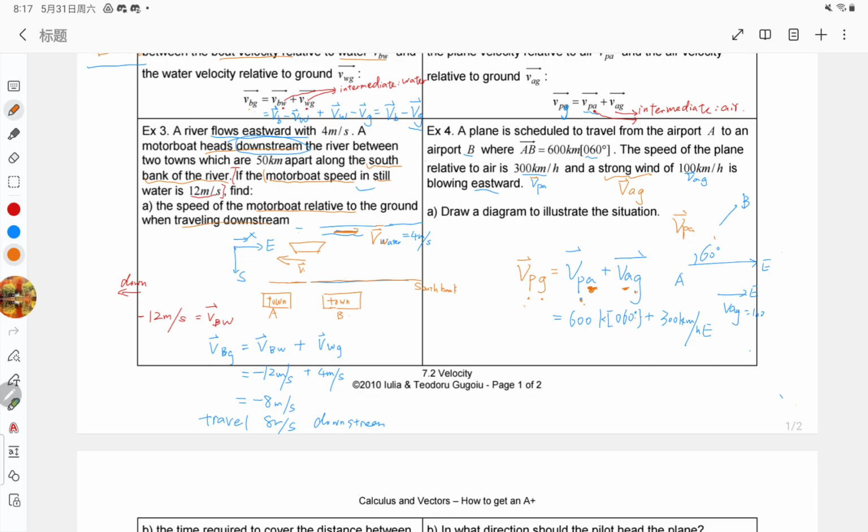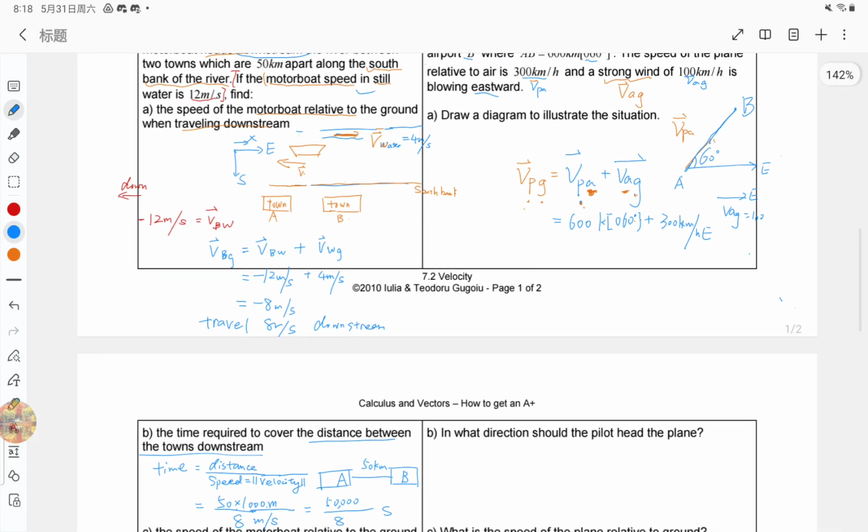What we drew here, we directly drew the VPA in this direction, but actually it's not quite that simple, right? Yeah, so we made a mistake when we drew the first diagram. AB is from here in this direction, right? But VPA not necessarily, because this is actually a good question to practice.